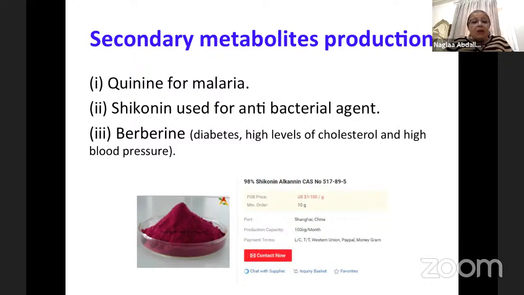So we can use the plant to isolate the quinine for curing malaria. Cyclonine is an antibacterial agent, and we can also isolate it from the plant. Piperine is used as a drug for diabetes, high cholesterol and high blood pressure.